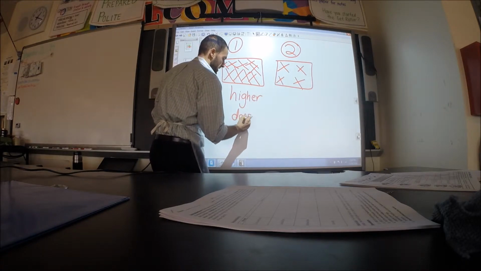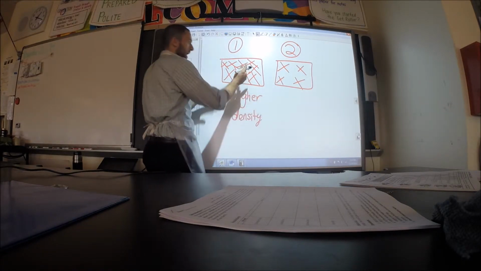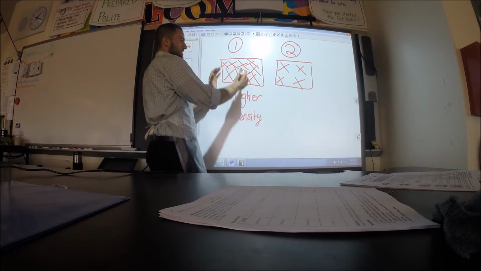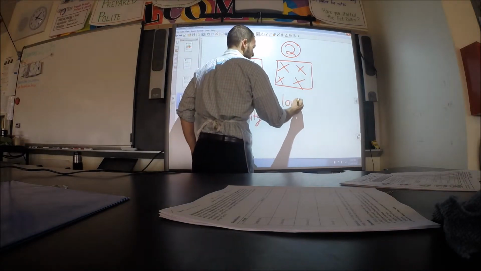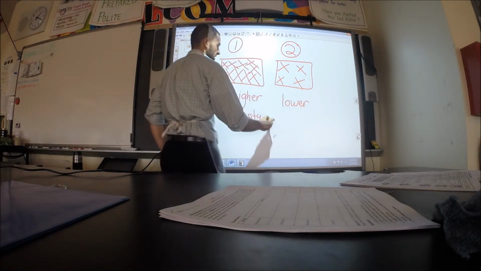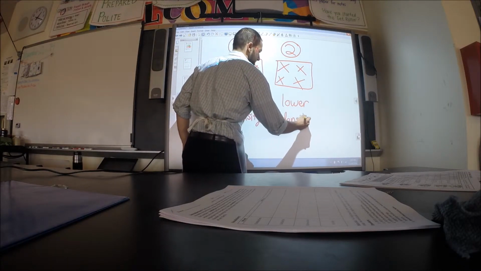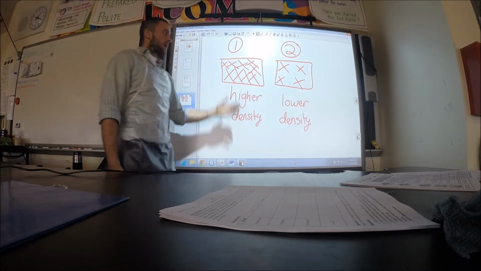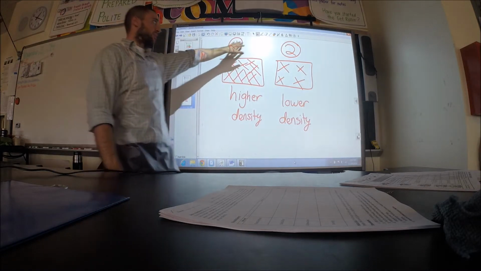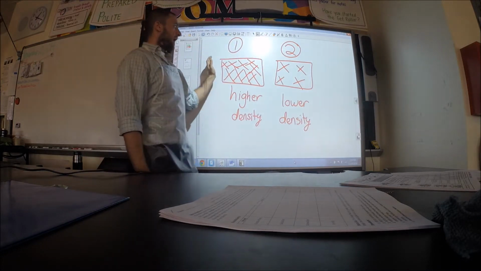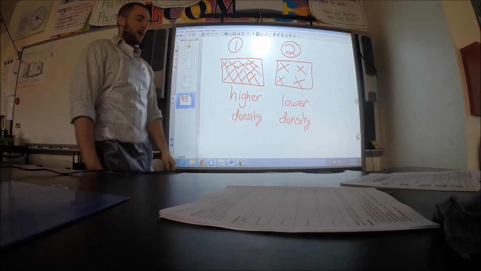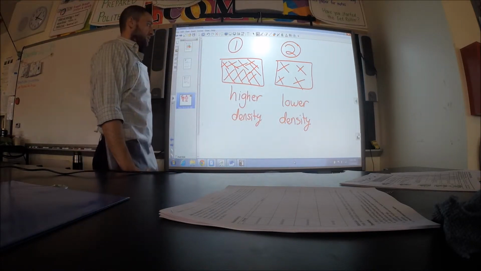This one's higher density because you're packing more molecules into a space than this one. This one is lower in density because you have a lot less stuff in that same space. If I was a perfect artist or if I had used the smartboard tool that draws squares for me, I would have made both of these boxes the same, but it is what it is.